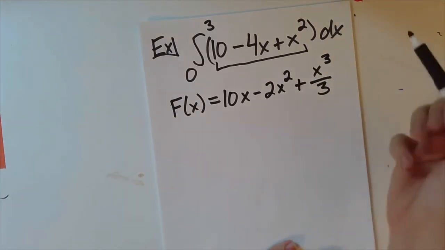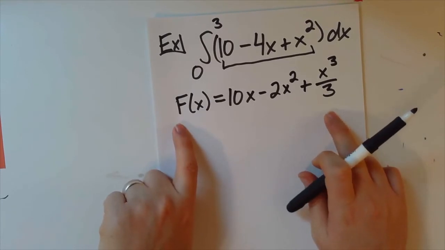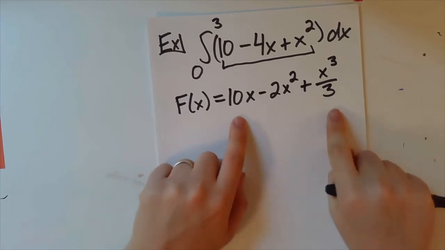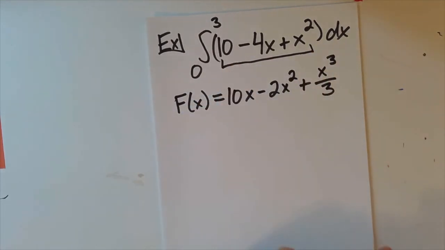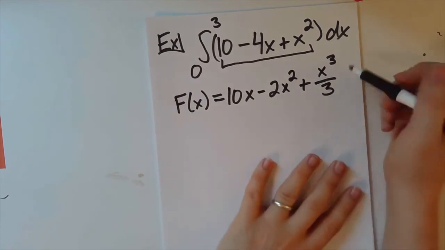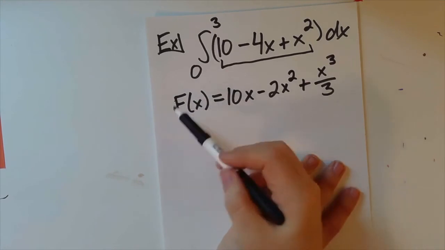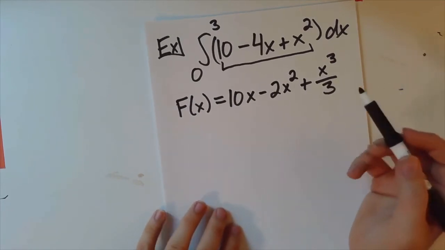Please note that you can check that this really is the antiderivative of the thing I wrote down, because if I take the derivative of this big F, I in fact get that. Note I'm not putting a plus c here because I'm just looking for an antiderivative. That's all the fundamental theorem of calculus requires. It doesn't care which antiderivative, and this is just the one I happen to write down.